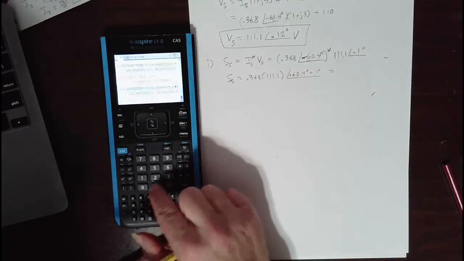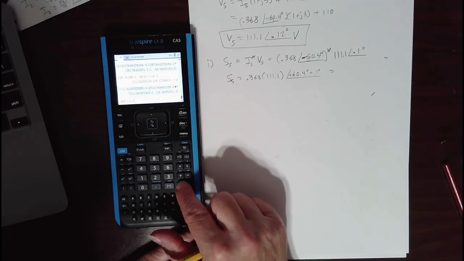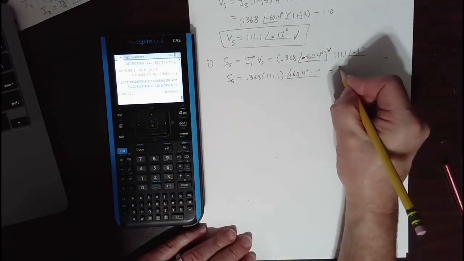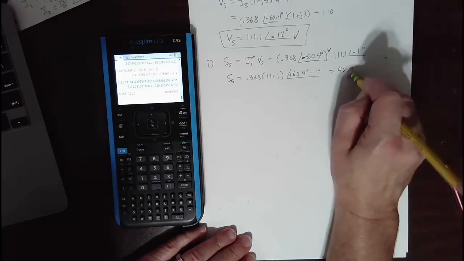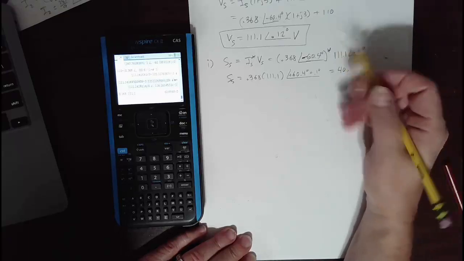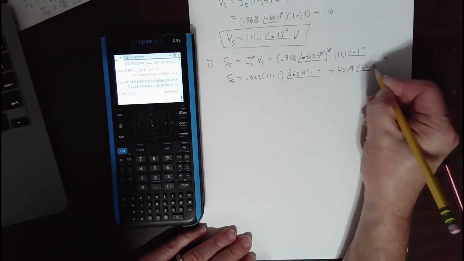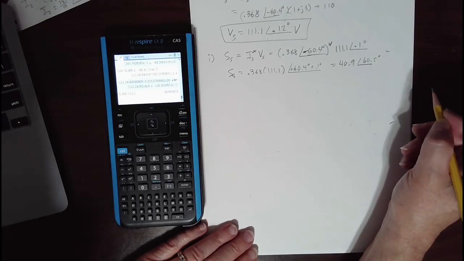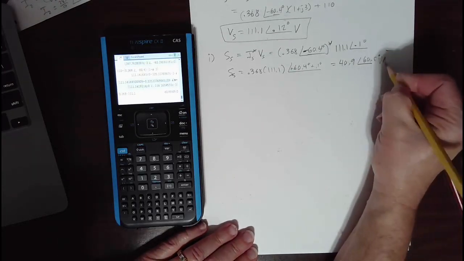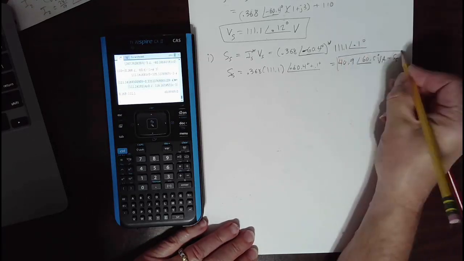And so 0.368 times 111.1 is 40.9, and an angle of 60.5 degrees. Okay, VA. So that's S_S.